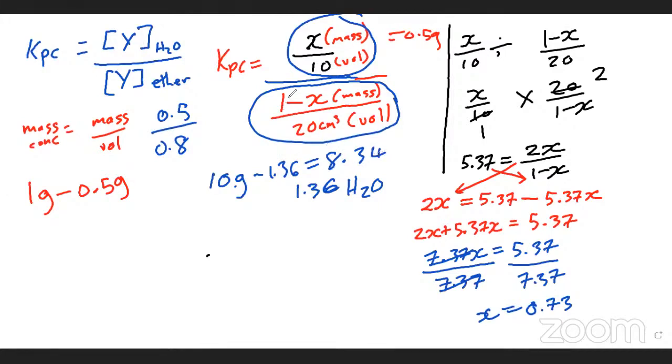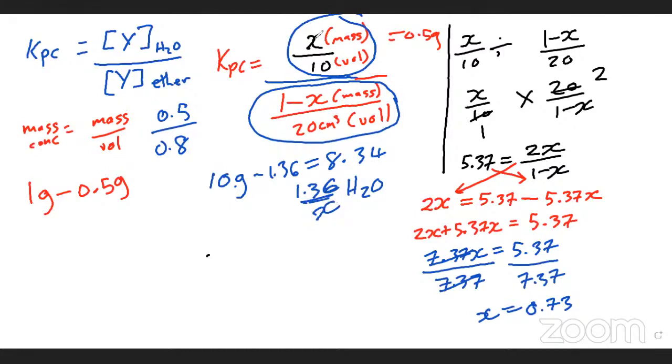So it's the same thing here. It would be 10 gram minus 1.36. So x is the mass of the solute in the water. But remember, we don't know what the mass of it is. That is why we are just using x to represent it. Understand? Yes, sir. Thank you.